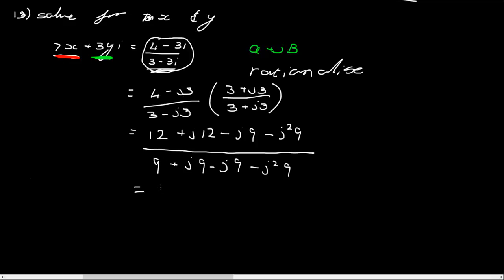So we've got 12 plus j12 minus j9 is plus j3, minus j squared is minus 1, so it's minus times minus 1 times 9, which is plus 9, over 9 plus j9 and minus j9 cancel, and then we've got minus times j squared, so minus 1 times minus 1 times 9, which is plus 9. Sorry. There we go.